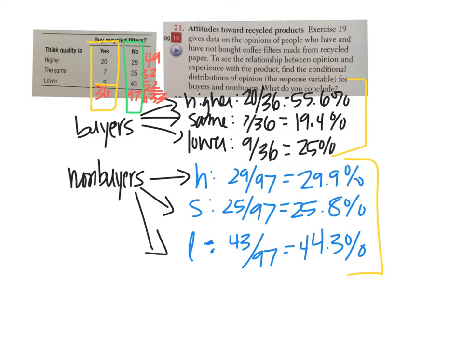And that's also true with the lower: if they buy the filters, they're less likely to think that it's lower than if they don't buy the filters. So the non-buyers think more poorly of them than the ones who actually buy them.